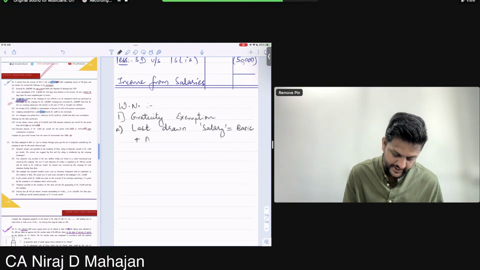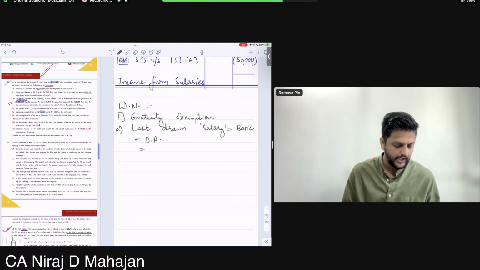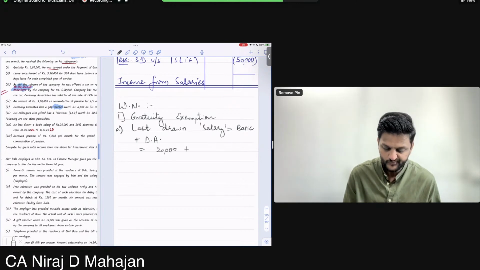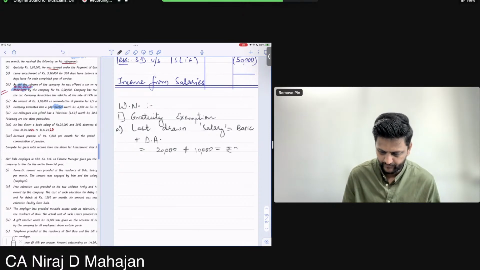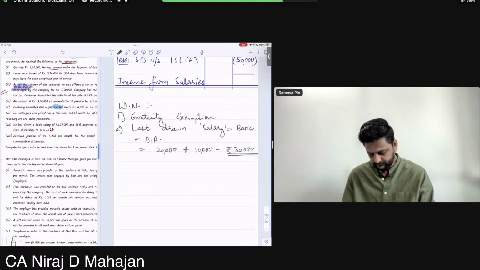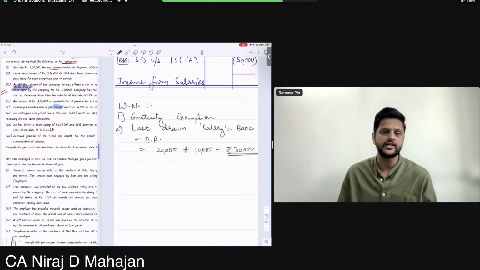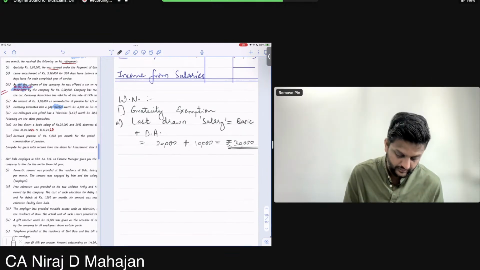Sorry, salary is basic plus DA. How much is the basic going on? 20,000. And DA was 50% of that, 10,000. So we'll take last drawn salary as rupees 30,000. Right?